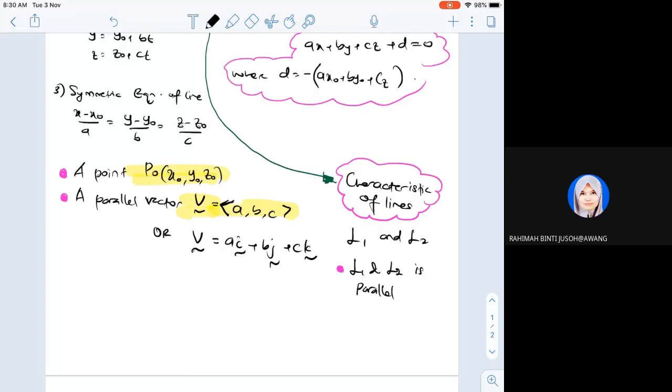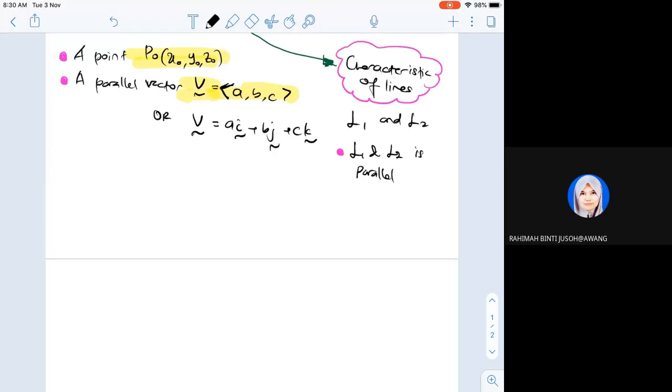How do we define whether lines L1 and L2 are parallel? By using this formula: the parallel vector of the first line must equal K multiplied by the parallel vector of the second line, V2.